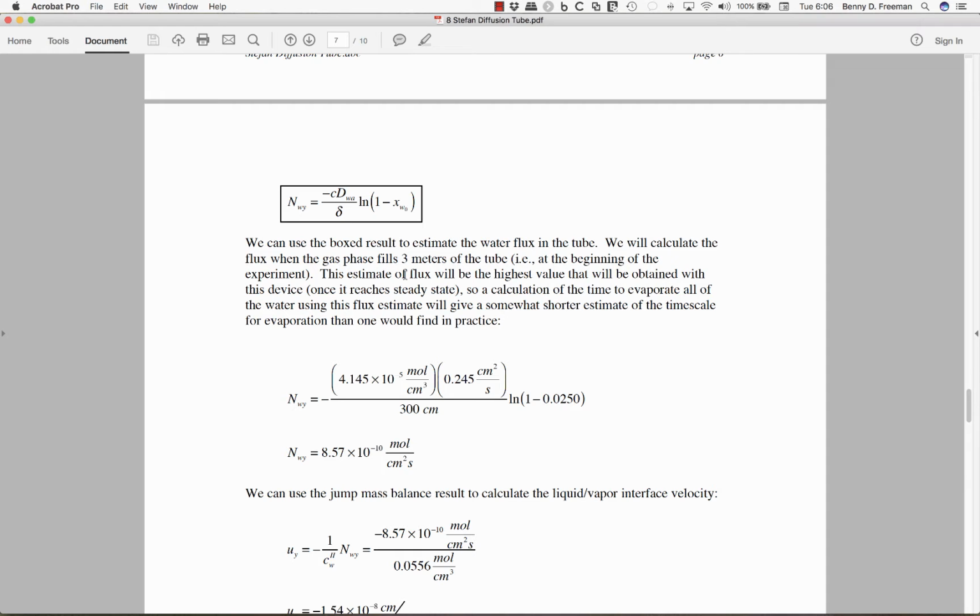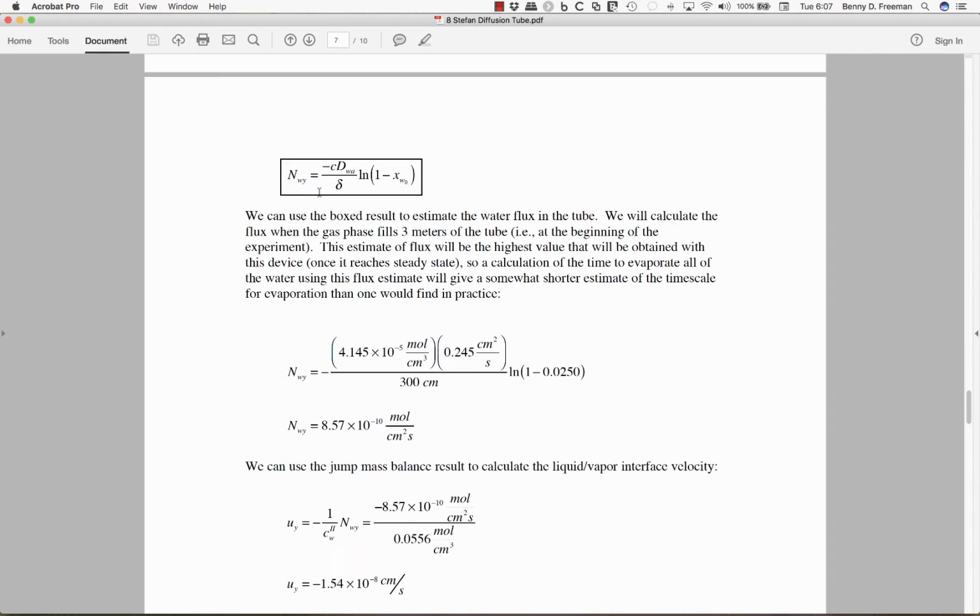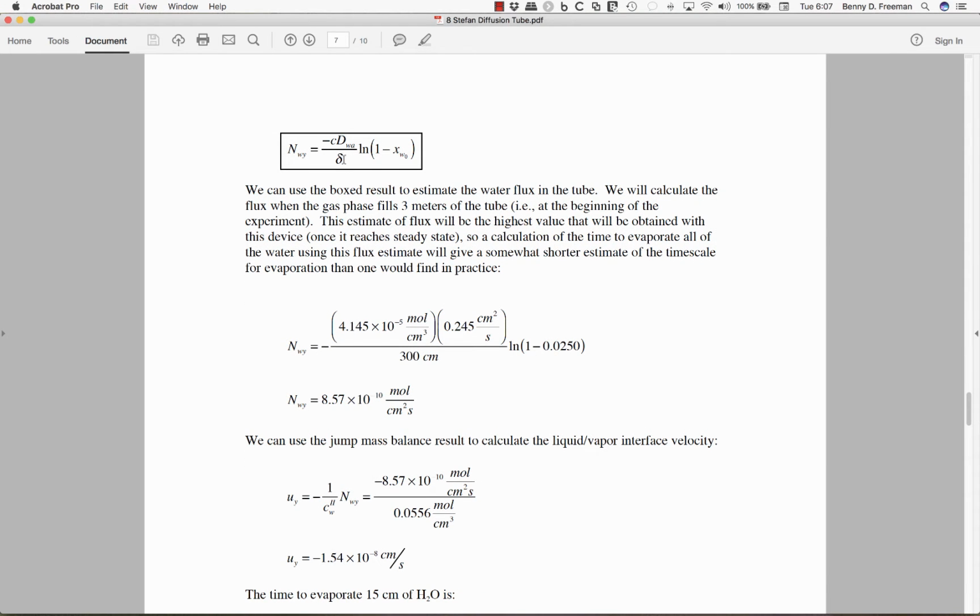And so we'll calculate the flux initially, when the gas phase diffusion length is 3 meters. That's its shortest value, and so the flux will be highest, and that'll give us the shortest time for evaporating all of the water. So it gives us a conservative estimate of how long it takes to evaporate the water. It will actually take a little bit longer than the value we're going to calculate here.